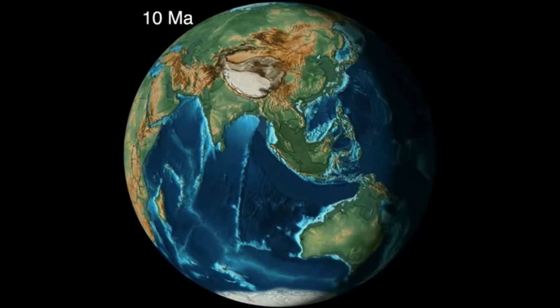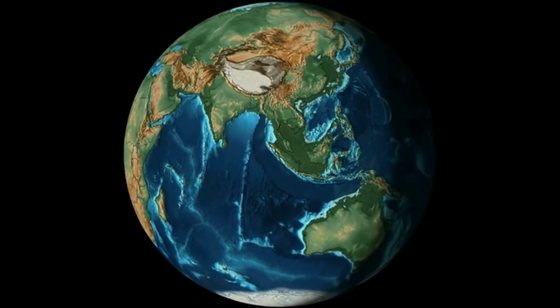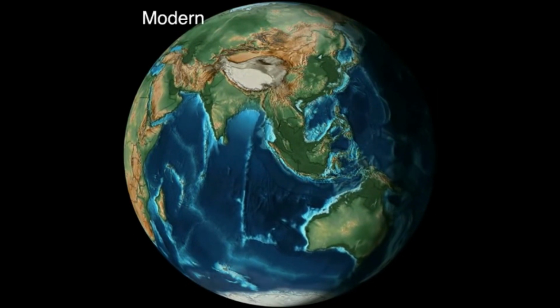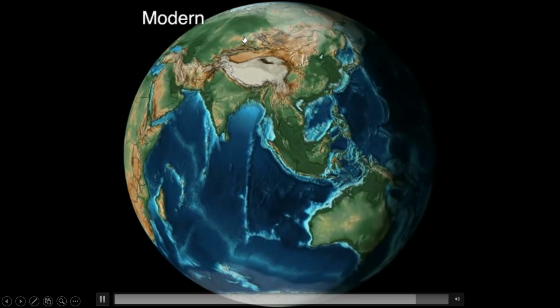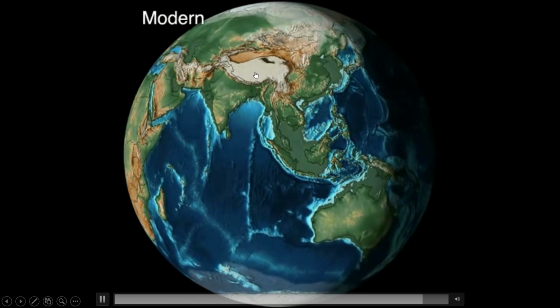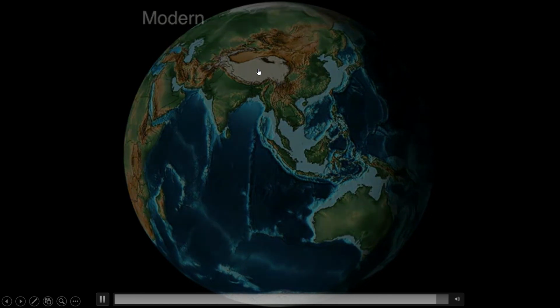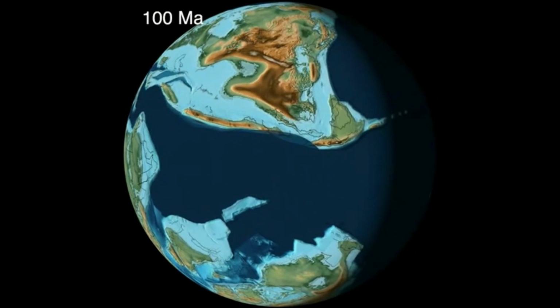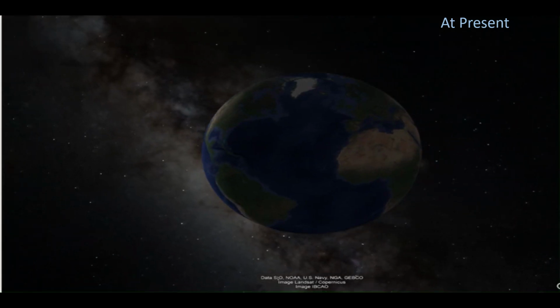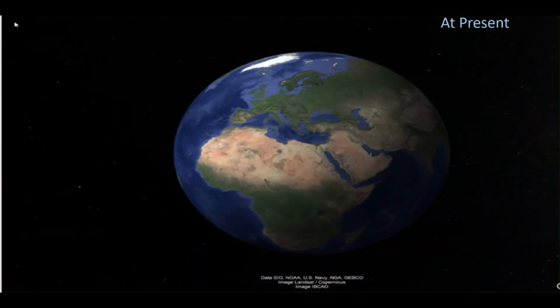So this is the modern stage, where the Himalaya has already been formed. Once upon a time there was a Tethys Sea, and now there is the Himalaya. So at present, look at the Himalaya.